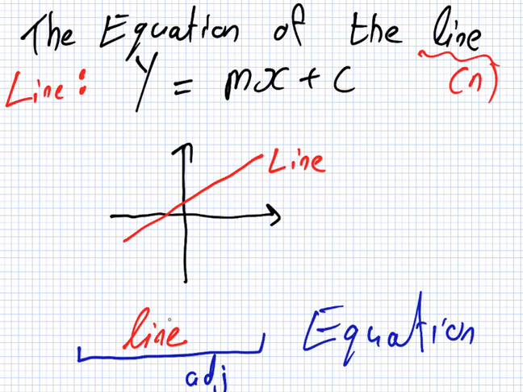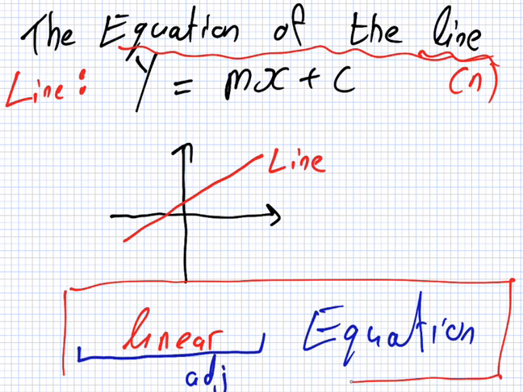L-I-N-I-N-G. Oh, I see. Linen? No. Good guess. Not this. Anyone know the adjective? Linear. Yeah, it's linear. L-I-N-E-A-R. That's the adjective. So we can call this equation of the line, or we can call it linear equation. Okay, so linear is the adjective. Line is the noun.